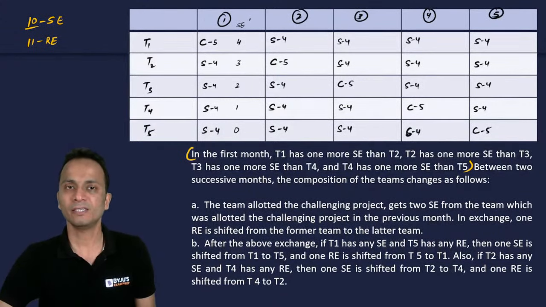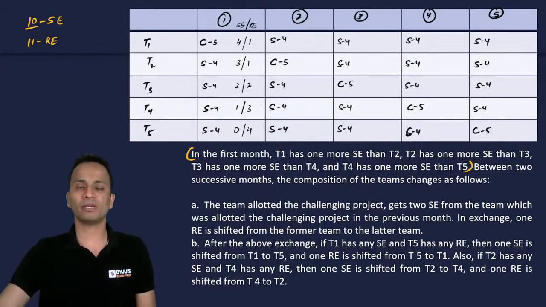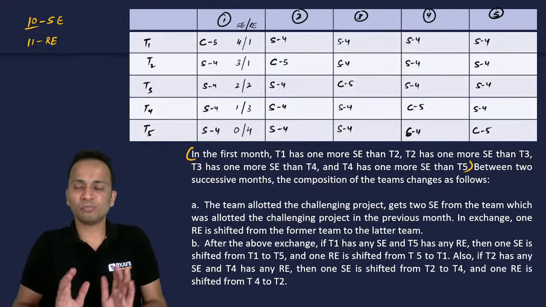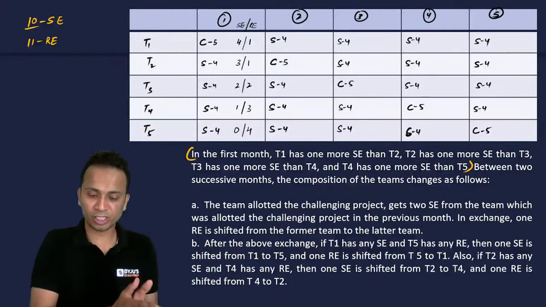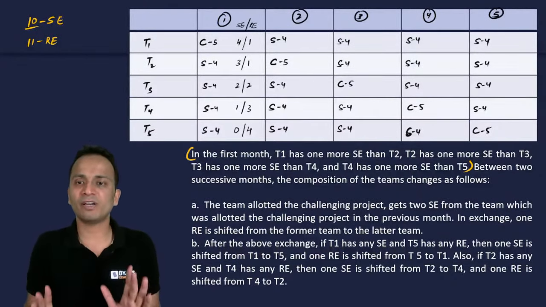Okay, SE. So अब remaining क्या होंगे? RE, regular employees. So if four special employees are there, so one regular employee will be there. Again, one regular employee, two regular employees, three regular employees and four regular employees. So first month का जो breakup है for special employees and regular employees, this I have written in the table.